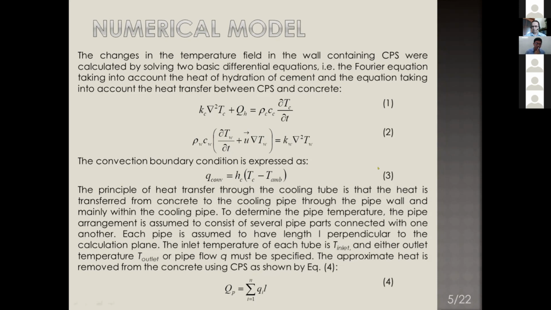Numerical models of changes in the temperature field in the wall containing CPS were obtained by solving two basic different equations: a Fourier equation taking into account the heat of cement hydration, and an equation taking into account the heat transfer between CPS and concrete.